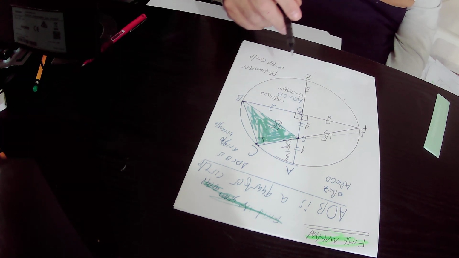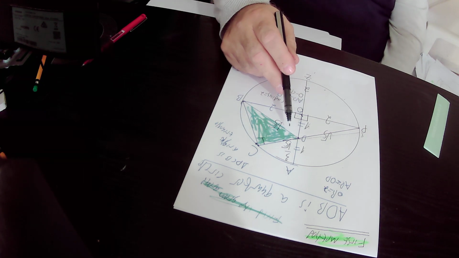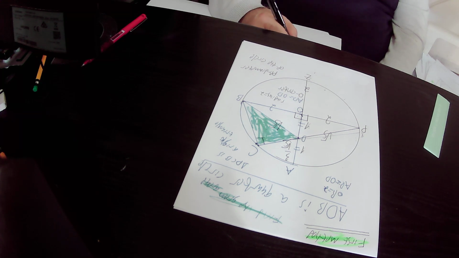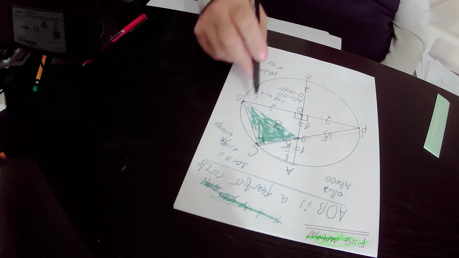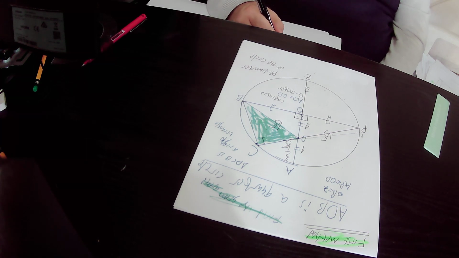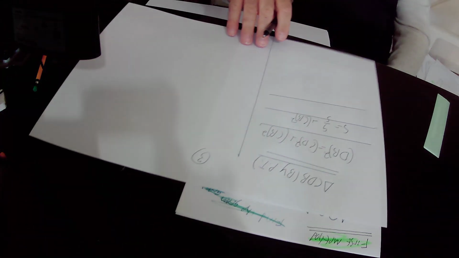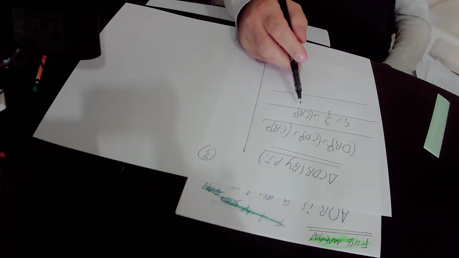CD is 3 over square root of 5, so CD square is 9 over 5. And CB is the missing side, so we leave it as it is. So in conclusion, 5 equals 9/5 plus CB squared.